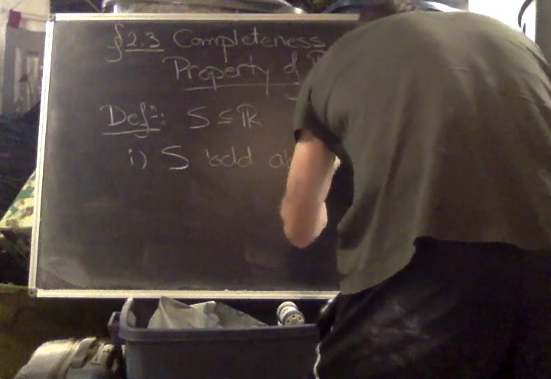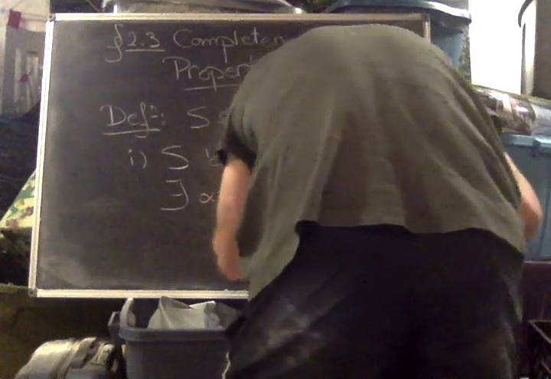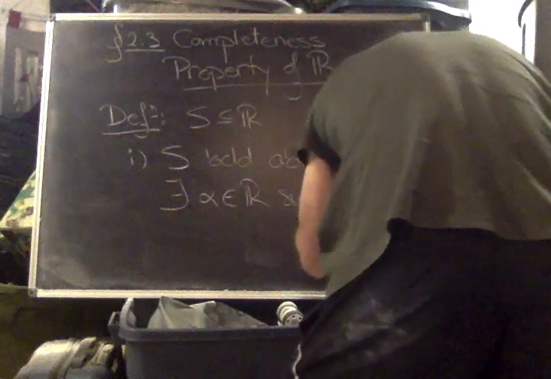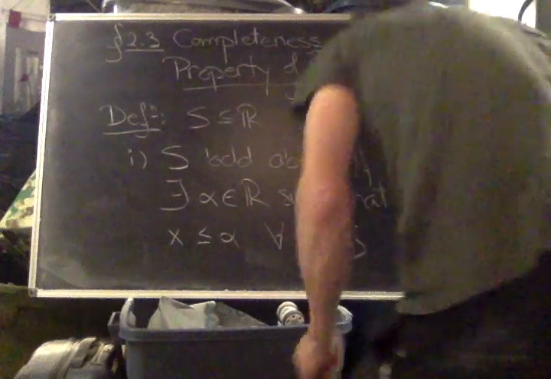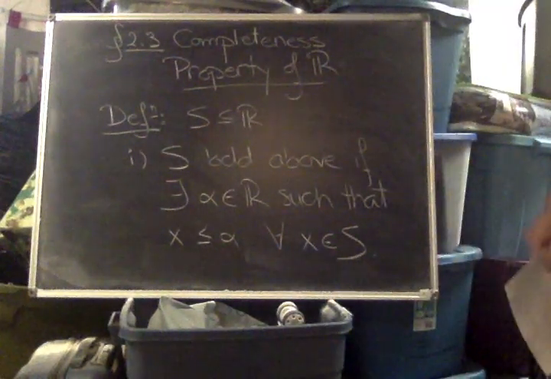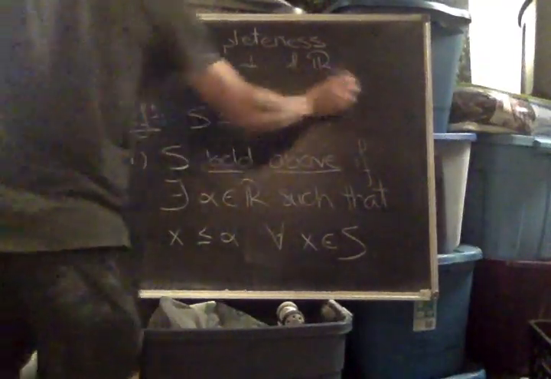So part 1 is that S is bounded above if there exists alpha in the reals such that x is less than or equal to alpha for all x in the set S. Okay, so there's some upper bound for S. Bounded above.